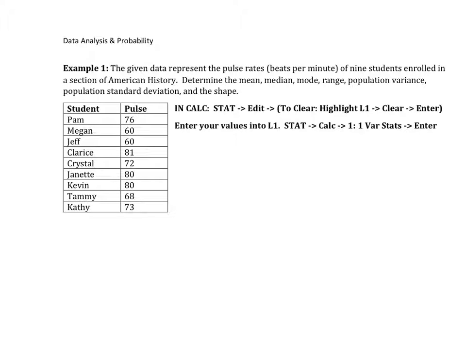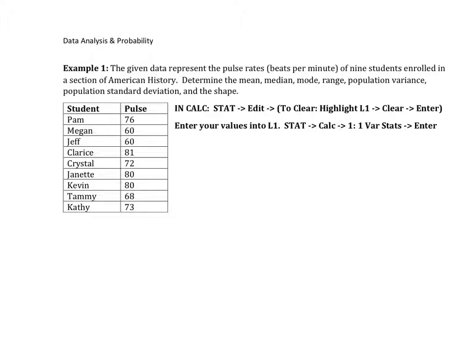Okay, so now we need to enter our data values into L1. So our first one is 76, so you type 76 and hit enter. And then 60, enter. We do that for all of our data values. So you enter all your data values into L1.